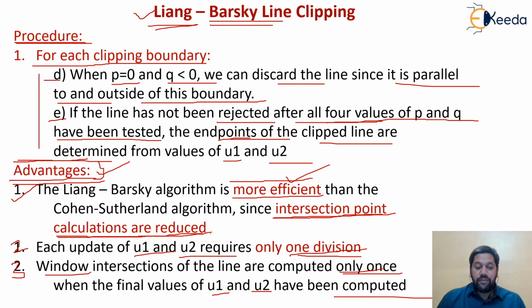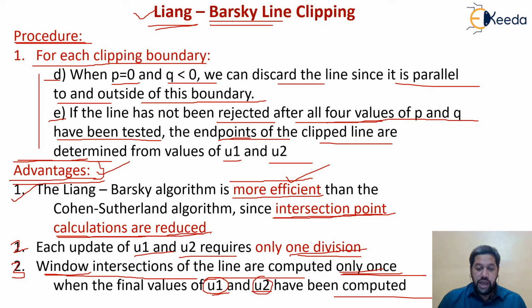So when I get the final values of u1 and u2, only then are we going to calculate the window intersection of the line, and it is calculated only once. That's why the Liang Barsky algorithm is considered more efficient and faster, with the help of the parametric equation.